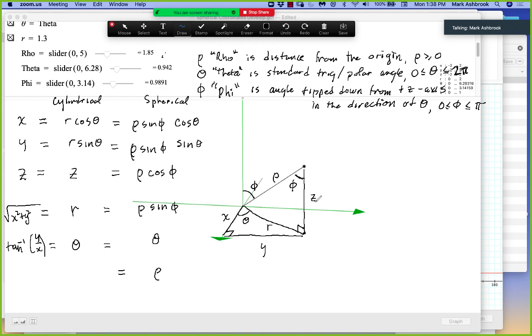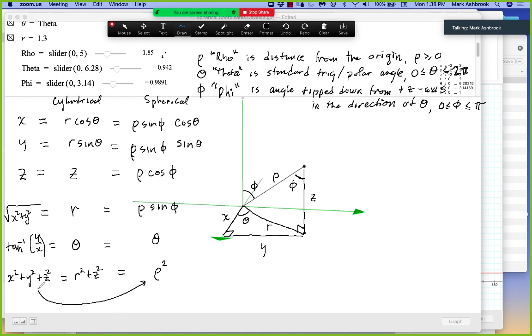R squared plus z squared equals rho squared. So we could actually just write that. Let's just write rho squared, and that's r squared plus z squared. That would be cylindrical coordinates. What about rectangular coordinates then? X squared plus y squared plus z squared. Now notice something. X squared plus y squared plus z squared equals rho squared.